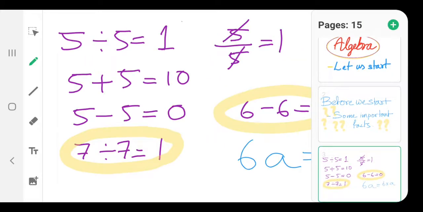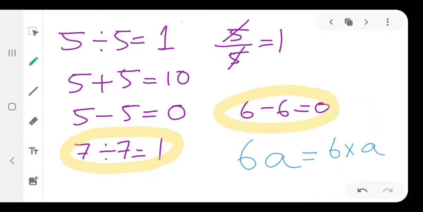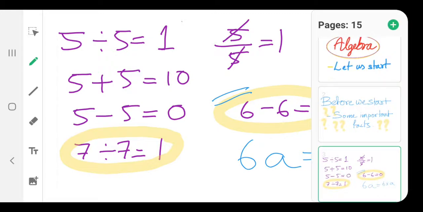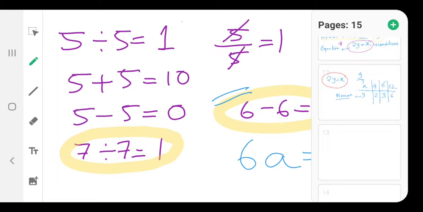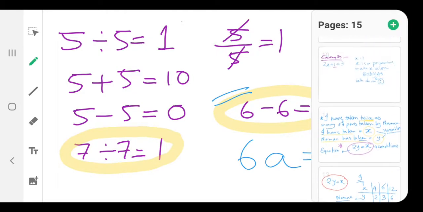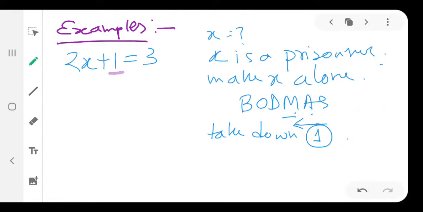Something minus something is 0, and that is a very important thing, and we are going to use this here. I told you before, this is like a balancing machine. What you do on the left hand side, this is called your left hand side, and this is your right hand side.